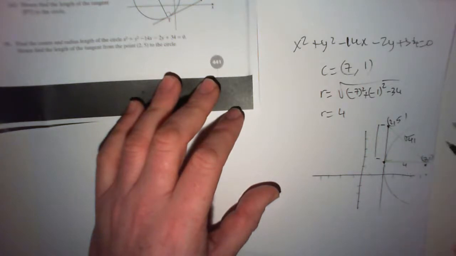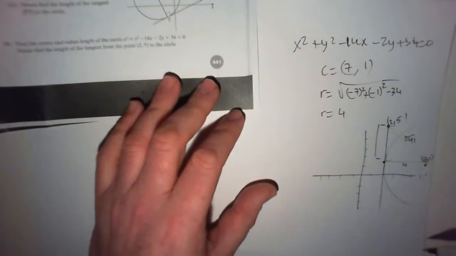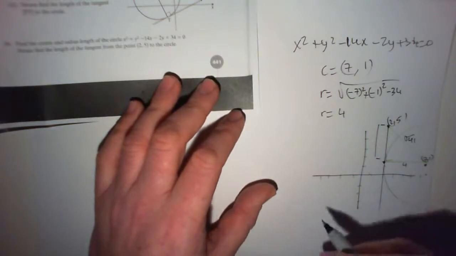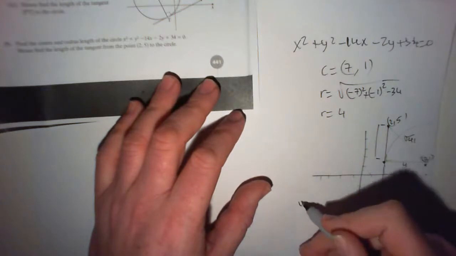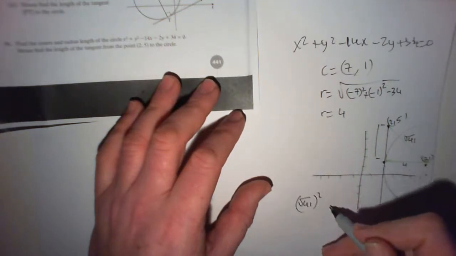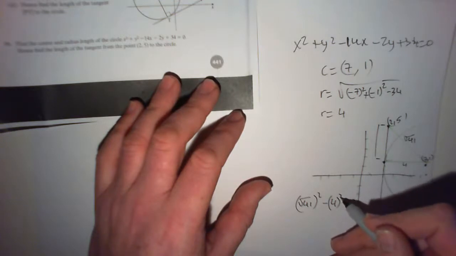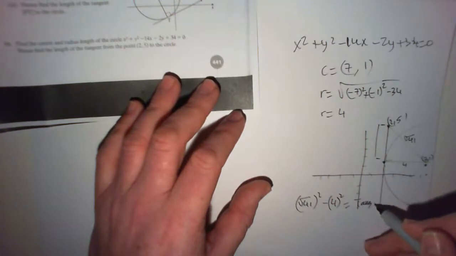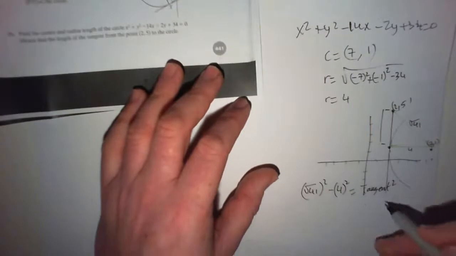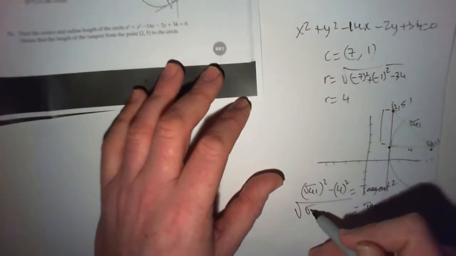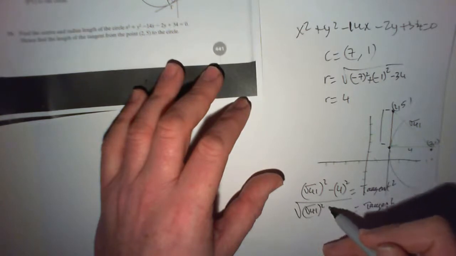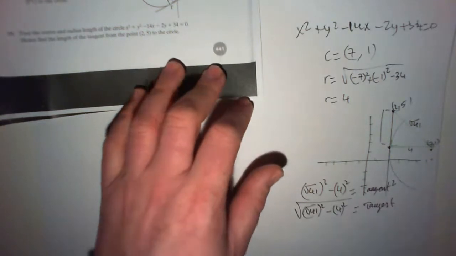So let's try and think. This squared is equal to this squared minus this squared. In terms of Pythagoras, the square on the hypotenuse is equal to the sum of the squares on the other two sides. So root 41 squared minus 4 squared gives me tangent squared. So the tangent is equal to the square root of root 41 squared minus 4 squared.